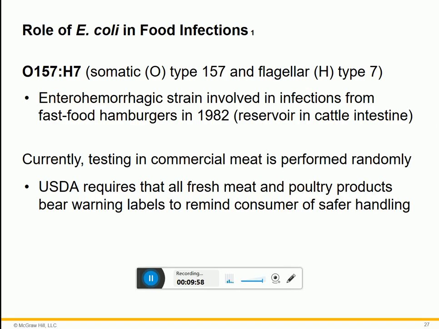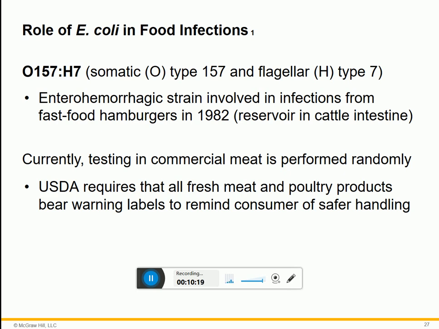There's actually the U.S. Department of Agriculture requires that all fresh meat and poultry products have a warning label that it is really the consumer's responsibility that they handle, that they treat, they cook it thoroughly.